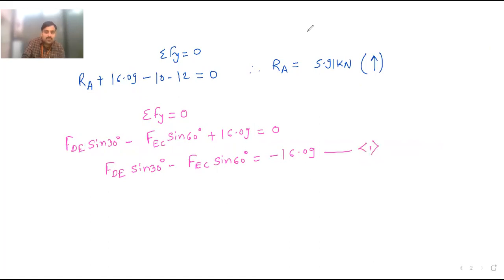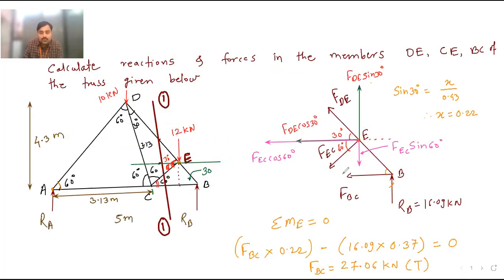I have got one equation. The problem is not solved yet. So then I will apply summation Fx equal to 0, not for the joint, but for the right hand side equilibrium. Now I will consider all the forces parallel to the x-axis, all horizontal forces. So this is one of the forces, FDE cos 30, moving towards left, it is minus. Then FEC cos 60 moving towards left, this is also minus.